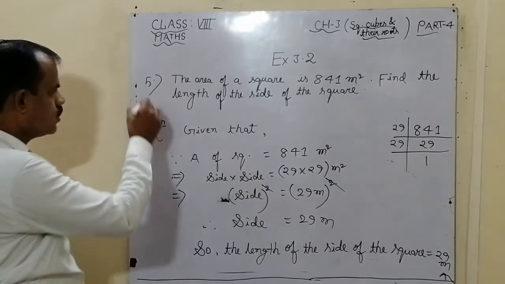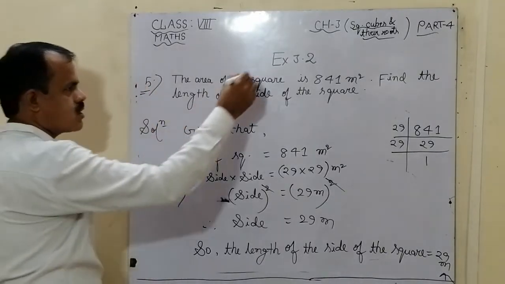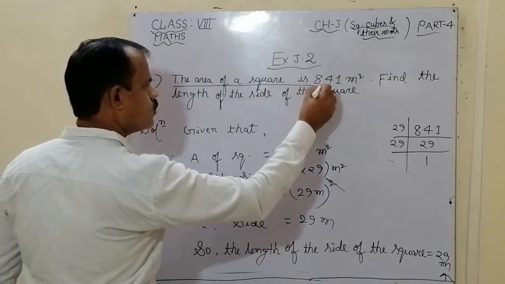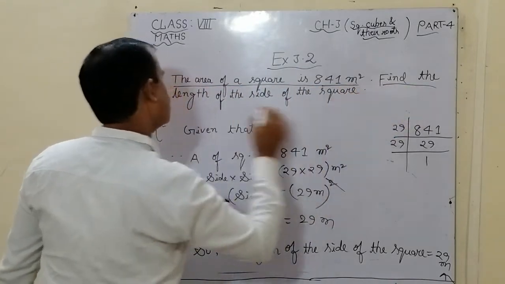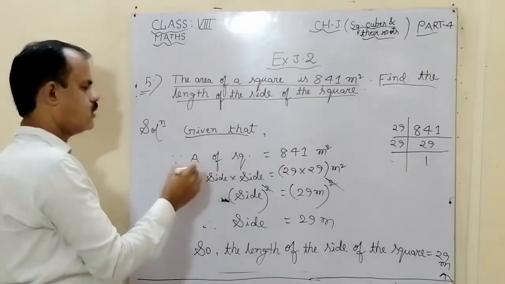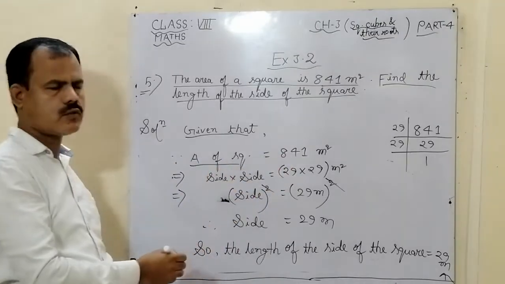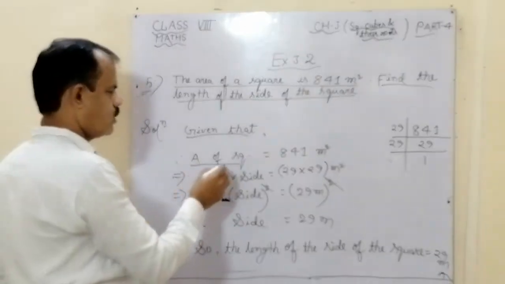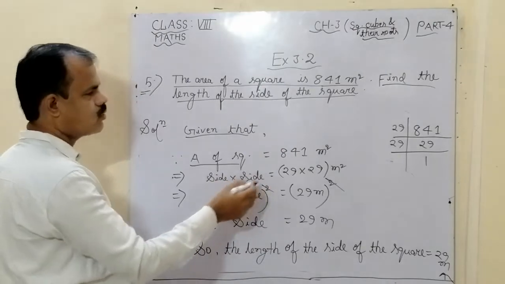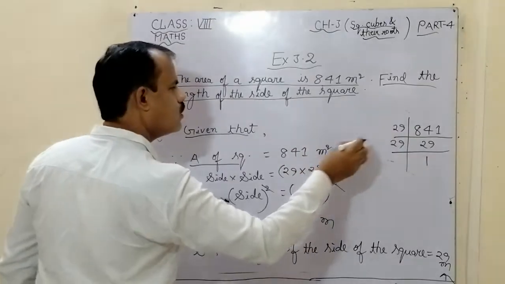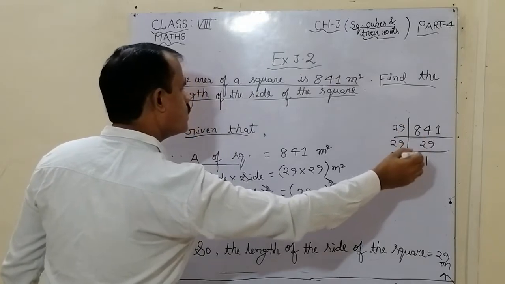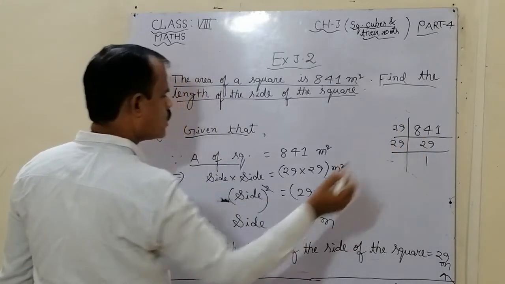Yes, students. Question number 5, exercise 3.2. The area of a square is 841 meter square. Find the length of the side of the square. Given area of a square is 841. Area of a square formula is side into side. When we solve 841, it is 29 into 29.